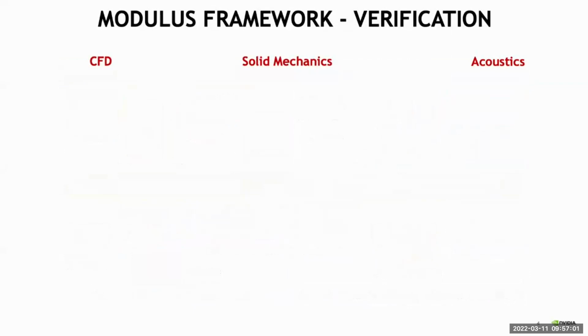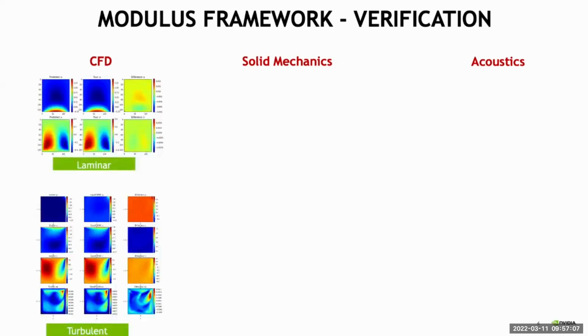Modulus has been verified for several use cases and physics types against analytical, open source, and commercial solvers. The first example is that of a lid-driven cavity, which is solved using steady-state Navier-Stokes equations for both laminar as well as turbulent flow. Comparison with OpenFOAM shows a good correlation between velocities as well as pressure.